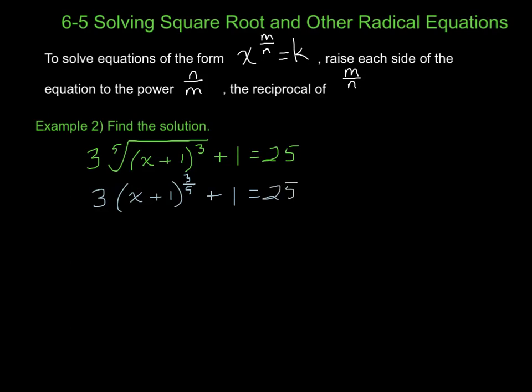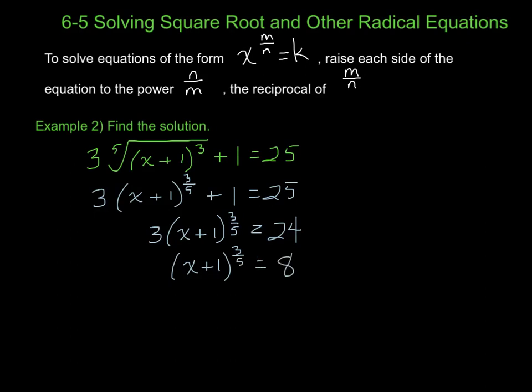Now we're going to subtract 1 from both sides, and that will give us 3 times x plus 1 to the 3/5 power equals 24. Now we need to divide both sides by 3, again isolating our rational power. So x plus 1 to the 3/5 power is going to give us 8.